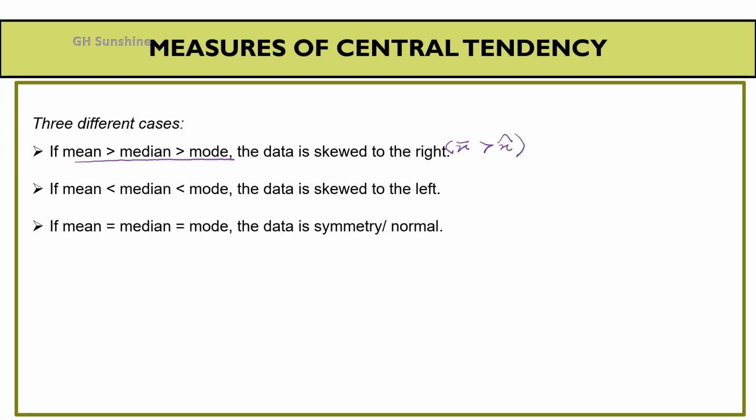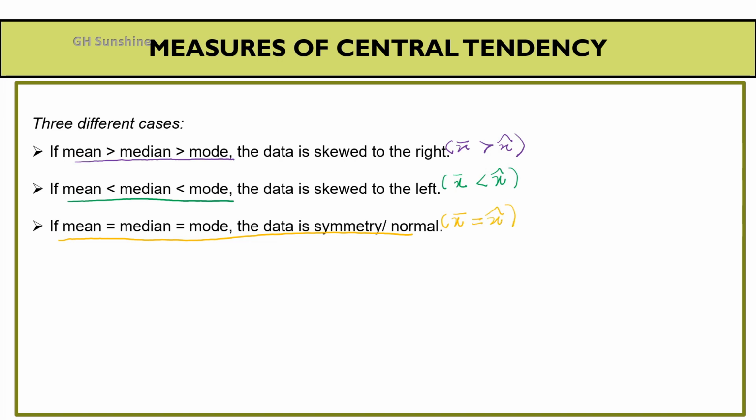Second case here is if mean less than median, less than mode, distribution is skewed to the left. So we can also say that mean less than mode. And last one here is if mean equal to median equal to mode. So this one, data is symmetry or normal distribution, or mean equal to mode.